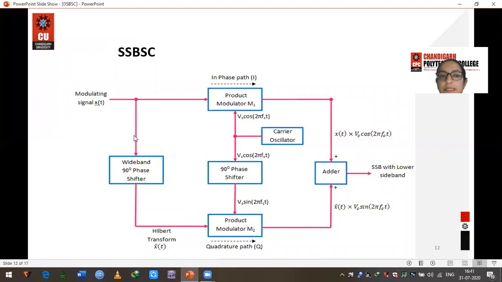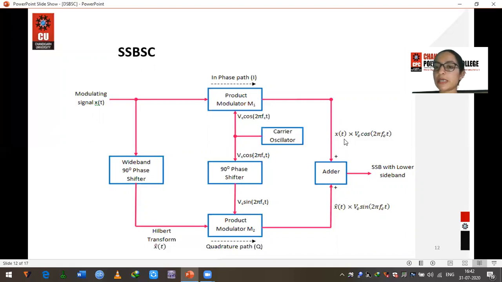So here we can see that the modulating signal with a 90 degree phase shift is applied to product modulator 2, which modulates it, and the output goes to the adder. On the other hand, product modulator 1 multiplies the carrier oscillator signal with the modulating signal and gives the result to the adder.